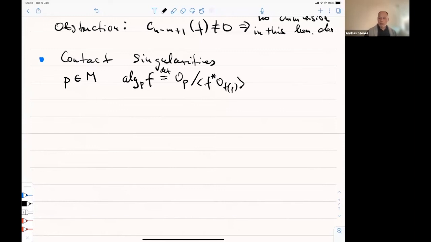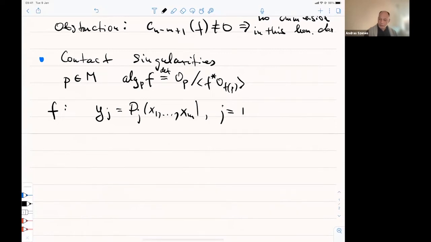I take local coordinates both around the point P and also around the point F(P). Then the function F near our point may be described as a set of equations y_j, which are just some power series in the coordinates x1 to xm, where j goes from 1 to n. So this is just a local description after fixing local coordinates.